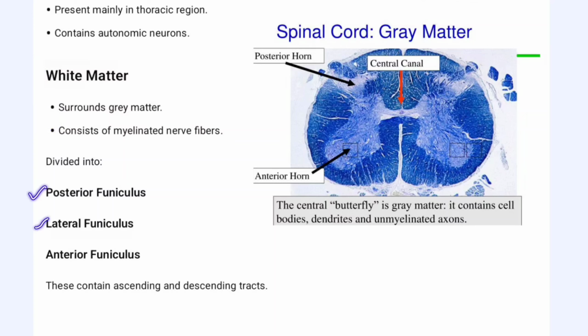These contain ascending and descending tracts. Here in this photo, you can see this is the central canal, and this H-shaped portion is the gray matter, and the part that is surrounding the gray matter is the white matter. So this portion is the white matter.